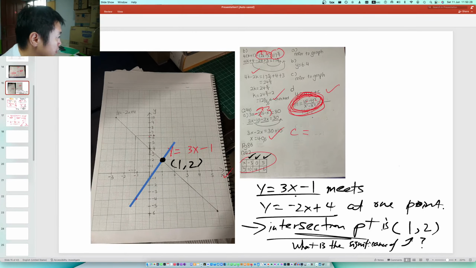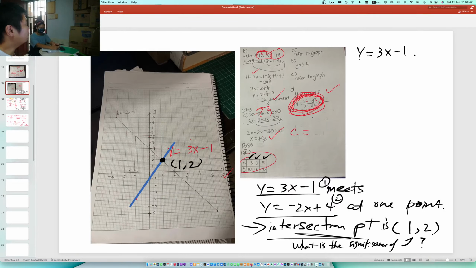Focus on this one. Let's talk about it. You have two equations. I hope you see two equations, right? y equals 3x minus 1, y equals minus 2x plus 4. So I just get my equation 1 here first. Two equations, what does it remind you of? Simultaneous equation. Very good. But simultaneous equation does not look like this, right?